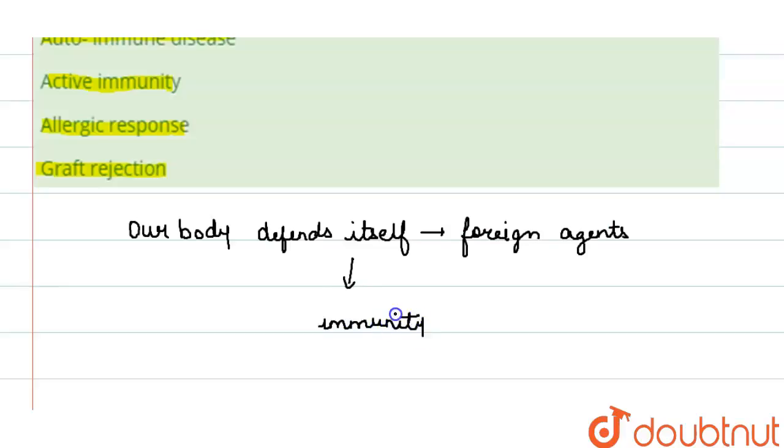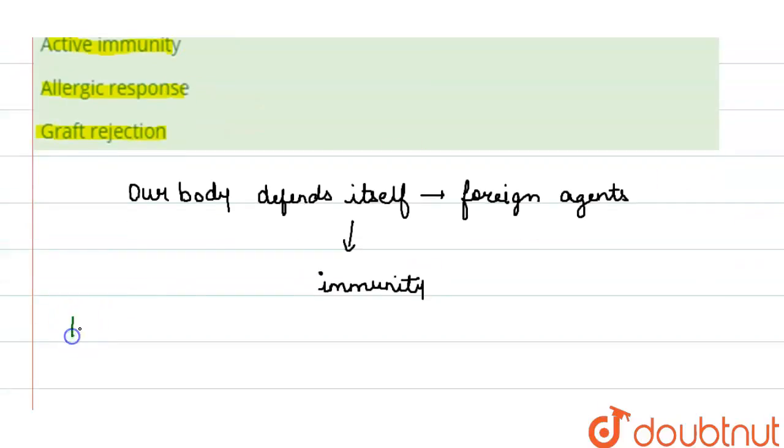So from the given options, our first option is autoimmune disease. What is autoimmune disease? It's a condition in which our own immune system mistakenly attacks our body.